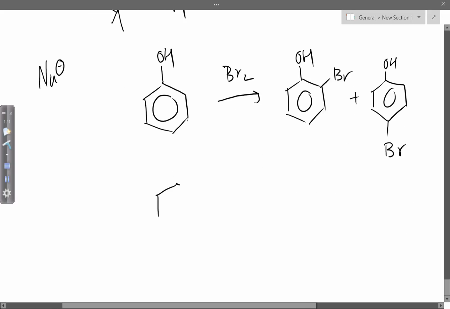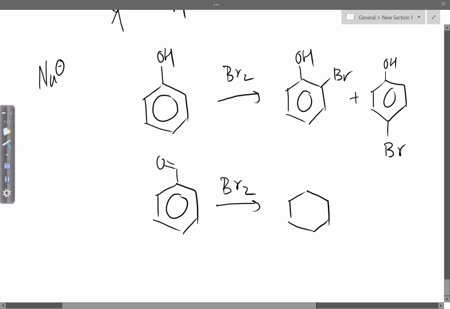And sometimes, for this kind of species, if you add Br2, another strange thing occurs. You realize that the Br only adds to this position, and not this position.